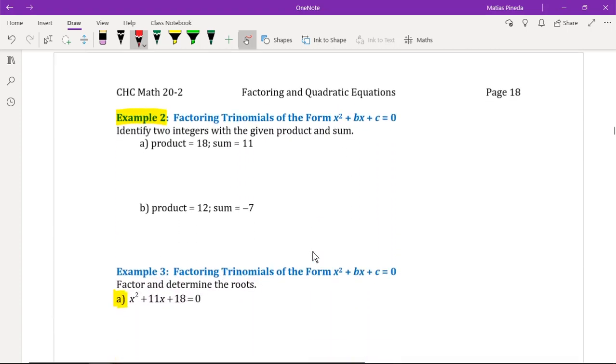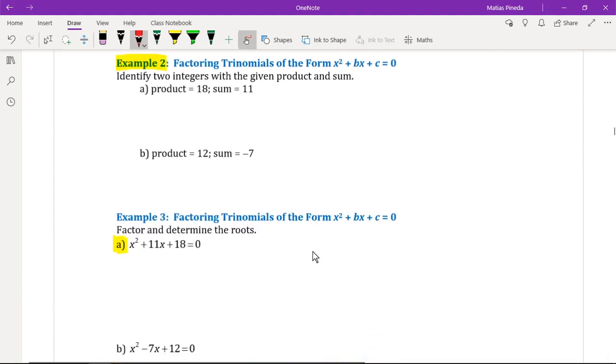In Example 2, we're asked to factor the following trinomials. Actually, we're not factoring here, we're just getting started with the product and sum method. In A, they're asking us to find two integers that multiply to 18, so their product is 18, but they add to 11.